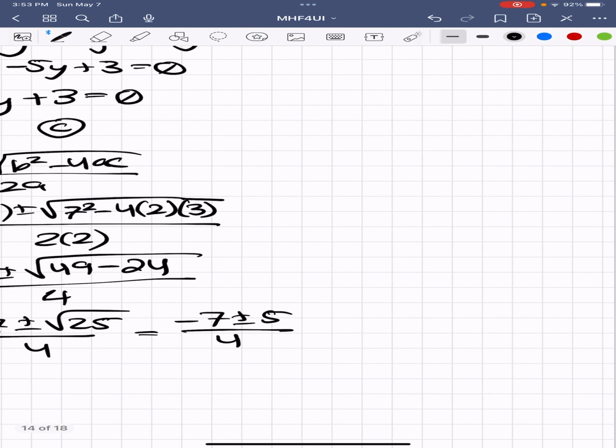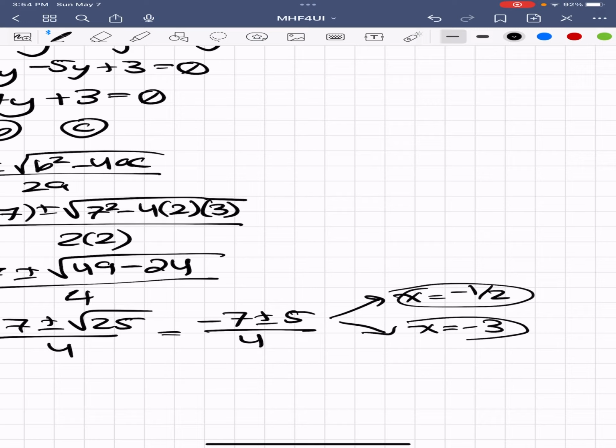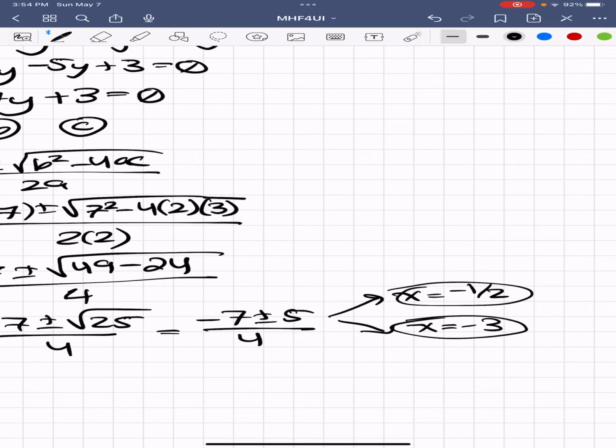And our answers would be x equals negative a half or x equals negative 3. Let me just go ahead and double check those. Negative 7 plus 5 divided by 4. Yep, negative a half. Negative 7 minus 5 divided by 4 would be negative 3. So our answers are correct.